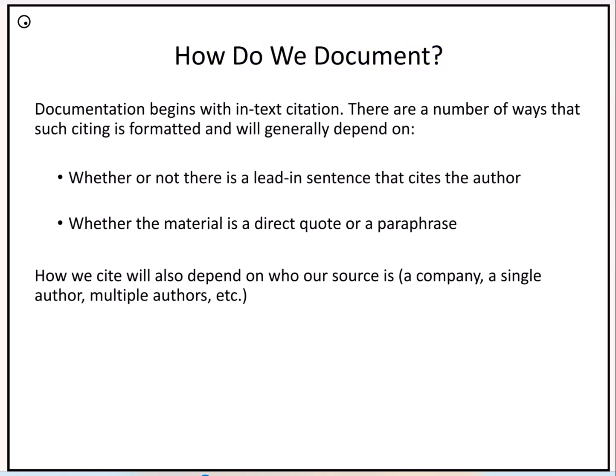So how do we document? Documentation begins with in-text citation. This is really important that we put this in there. There are a number of ways that you can cite your source in text. But generally, and this is what I'm going to show you and what I would recommend to my students, there will be a lead-in sentence, and that's helpful.